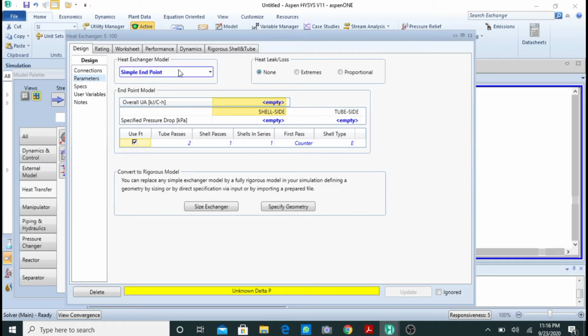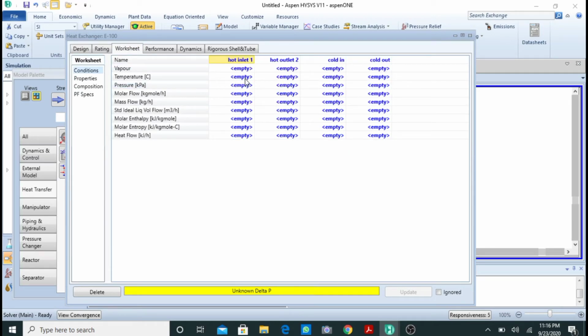In the next video I will teach you how to design a rigorous shell and tube, that is the actual shell and tube design in Aspen Hysys, taking into view all the variables and heat transfer coefficients, etc. So we had the flow rate that was 600, so I will write 600 kg per hour, and the pressure was 101, so I will write 101.